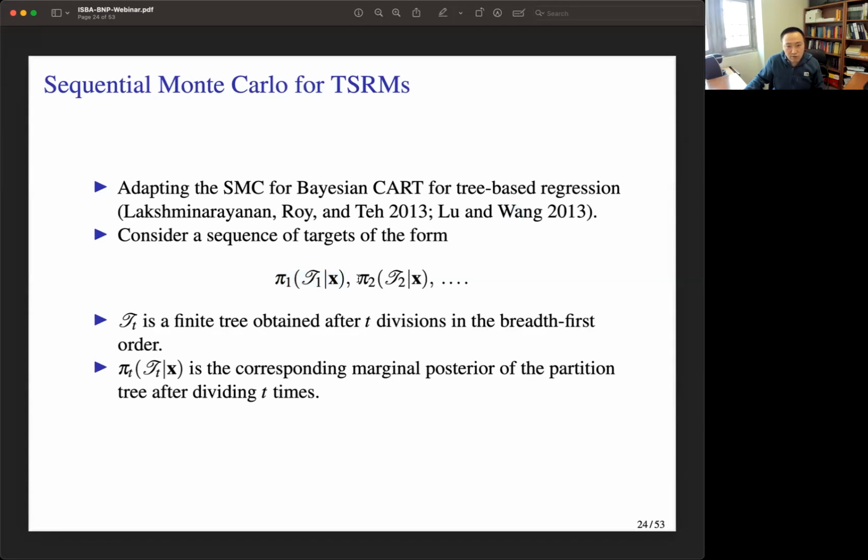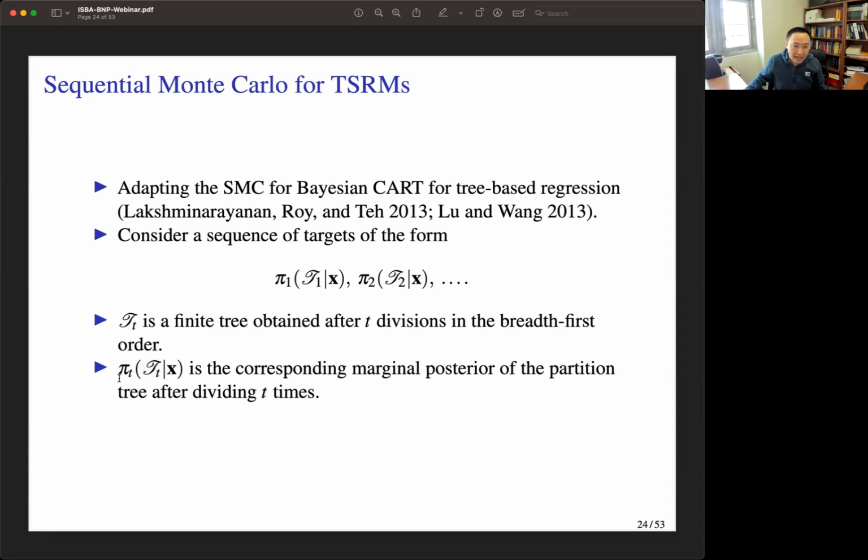We construct a sequence of target distributions where the curly T_T is a finite tree that has to be terminated after splitting T times. So it's a T plus 1 node finite tree. And then pi_T is the posterior on the space of these T plus 1 node trees, computed if you assume that the prior on the tree space terminates the tree once it reaches T plus 1 nodes.